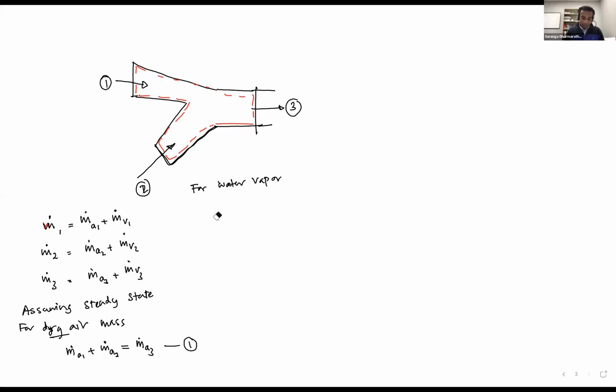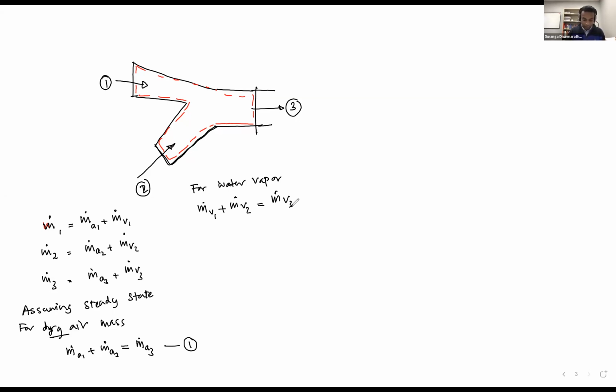So assuming that there's no change in the water vapor mass, we can write m dot V1 plus m dot V2 equals m dot V3.